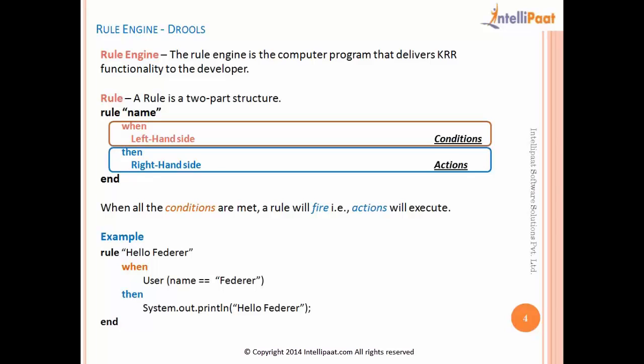So we are representing the knowledge in the form of rules, DRLs and decision tables. That is the knowledge representation. And the reasoning is that we let the system reason by applying the rules on the data that comes in and reason out what action needs to be taken. We only declare the rules and give them to the system and then pass it the data to be acted upon. But we never tell how to apply these rules and what actions need to be taken.